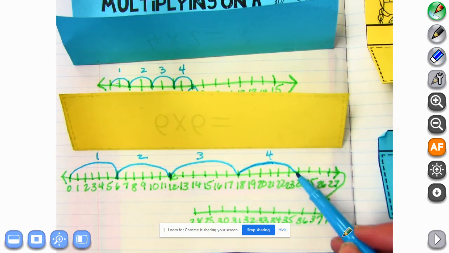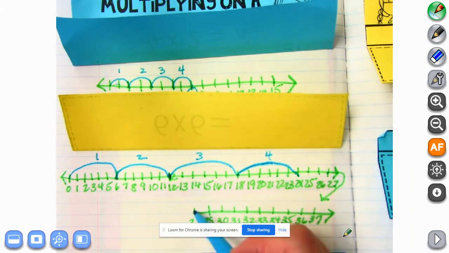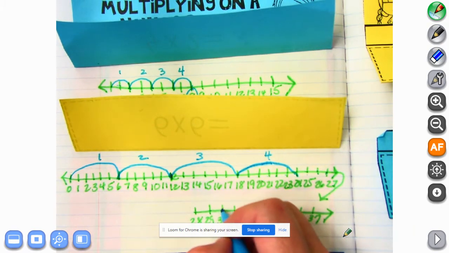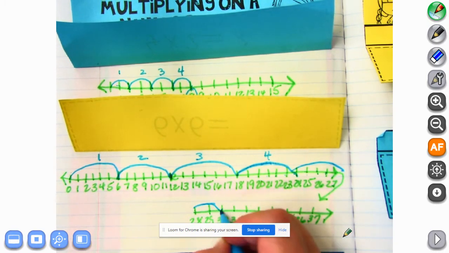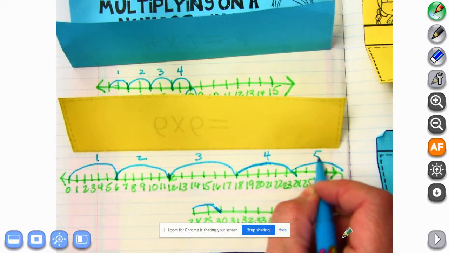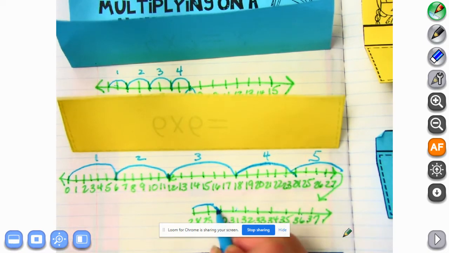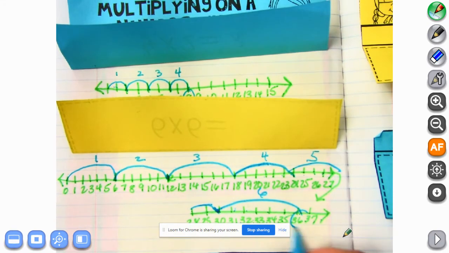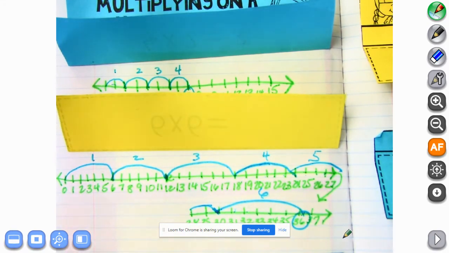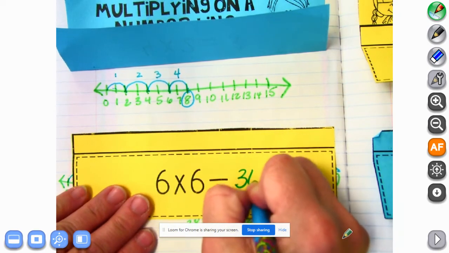All right, so our next jump is 1, 2, 3, 4, 5, 6. So let's jump over here to 6. That's our fifth jump. And then we have 1, 2, 3, 4, 5, 6. That's our sixth jump. And it says we did 6 jumps. So 6 groups of 6 is 36.